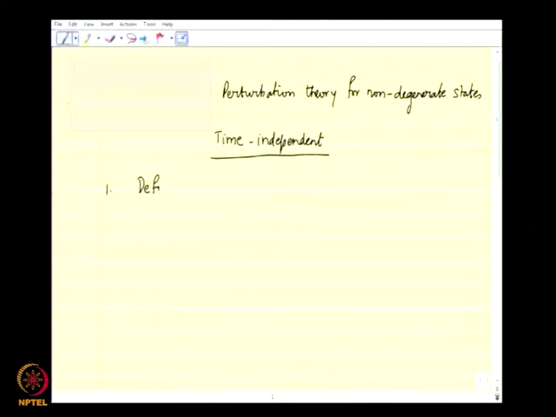Definition of what is known as the perturbation free Hamiltonian, or in the language of quantum chemistry and physics, the definition of the zero order Hamiltonian.